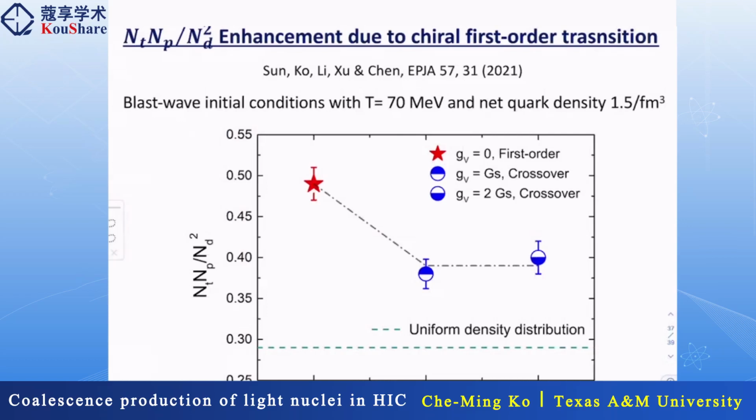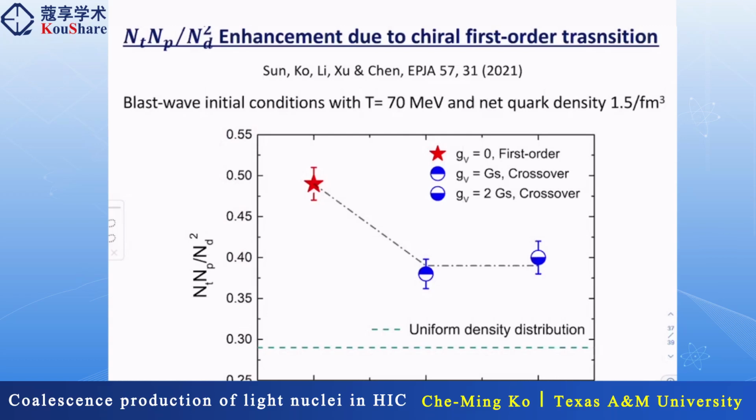Indeed, when the trajectory goes through the spinodal region, you get this ratio, triton times proton over deuteron squared. If without the spinodal region, it's this one. So we're talking about some effect, right? It's 0.4 here, and this is 0.5. We're talking about a 25% effect, right?